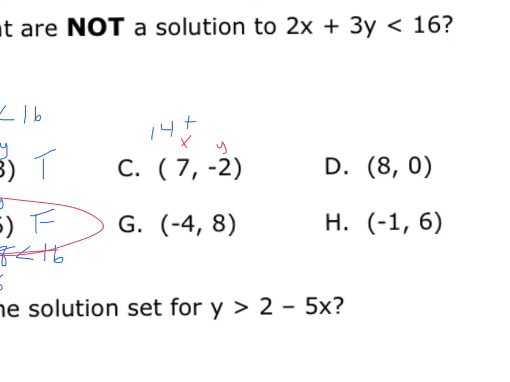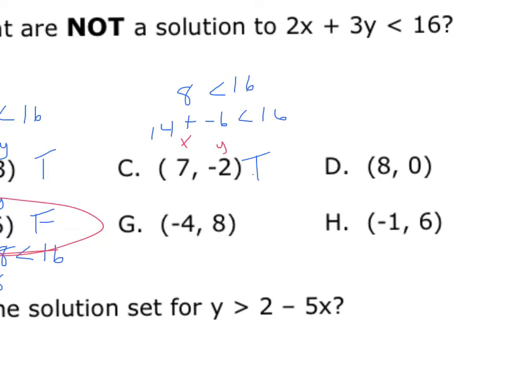Plus negative 2 times 3 is going to be negative 6. And we're saying that that is less than 16. And 14 plus a negative 6 is 8. And 8 is less than 16. So C is a true solution, or it's an ordered pair that works.